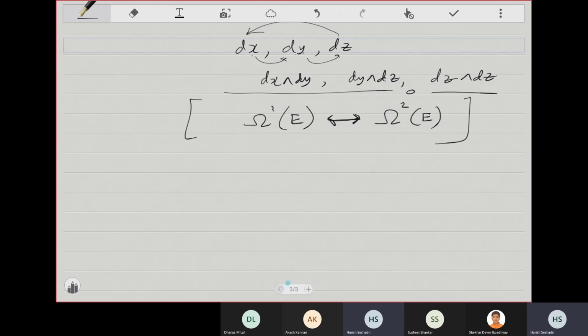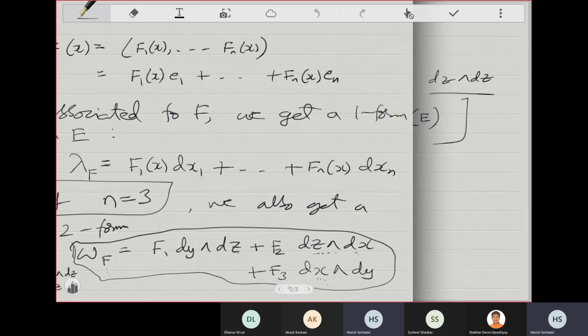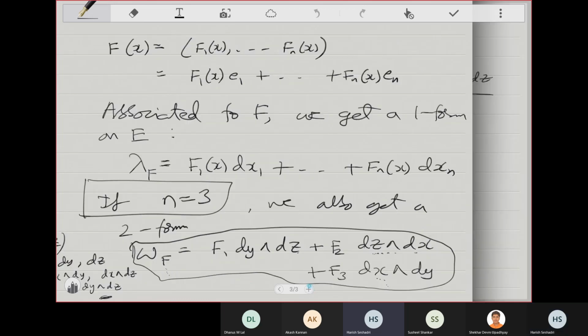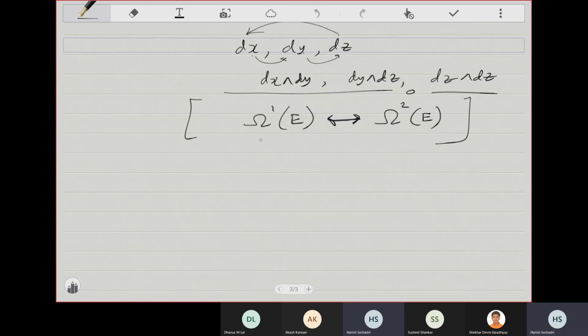If you do it this way, you get a 2 form from here to here. First of all, you have to notice the dimension of this. Well, both are infinite dimensional, but if you think in terms of this basis, here it's just 1 and 2.